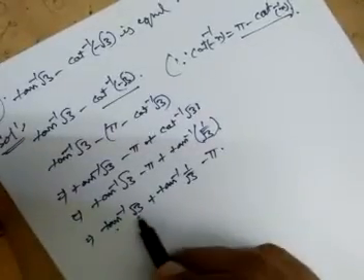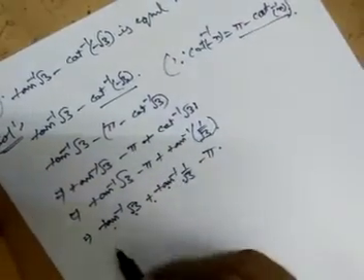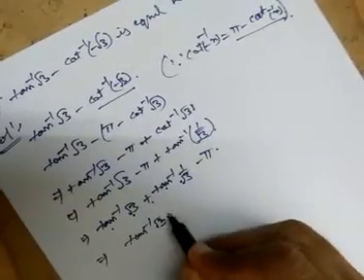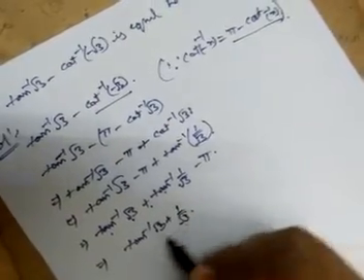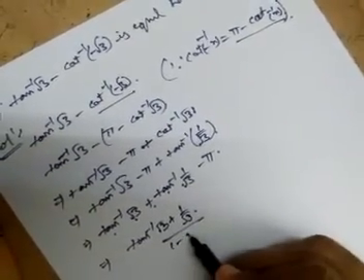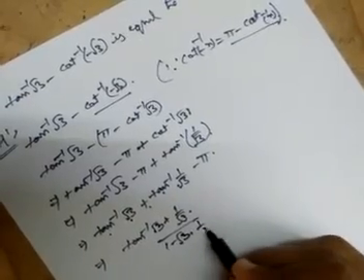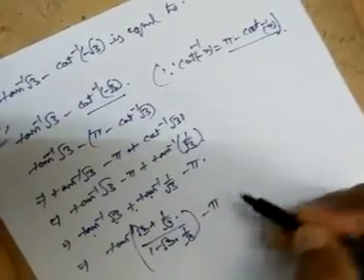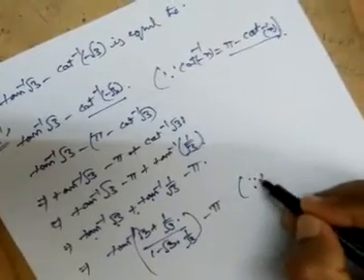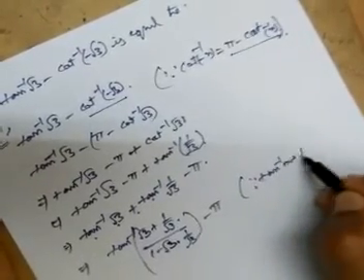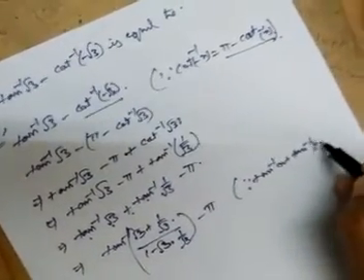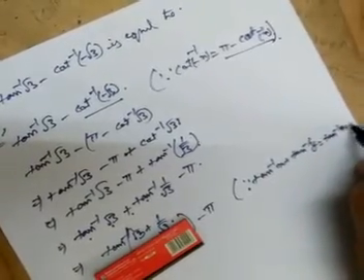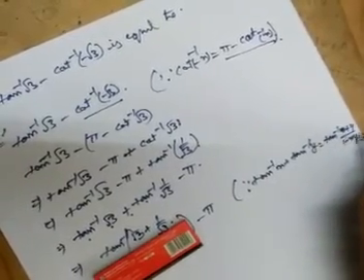Now you apply tan inverse of x plus tan inverse of y, which is tan inverse of x plus y by 1 minus x into y, minus pi.